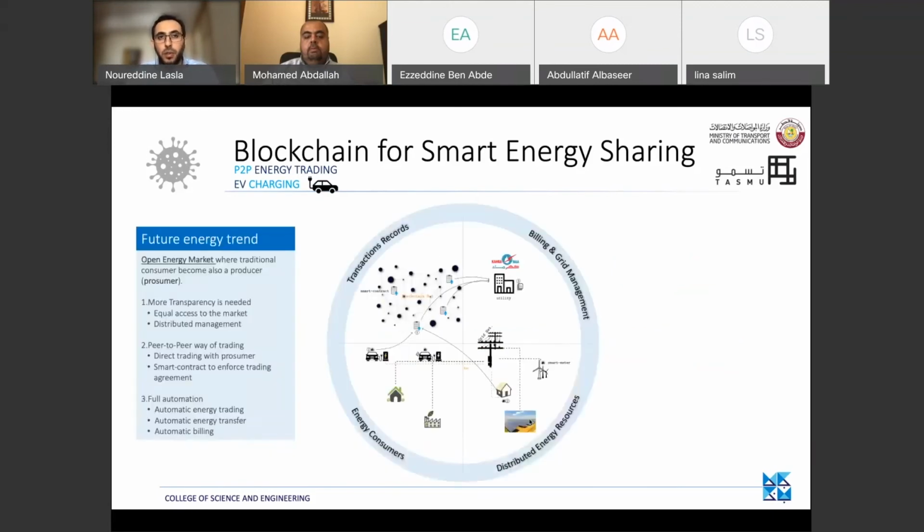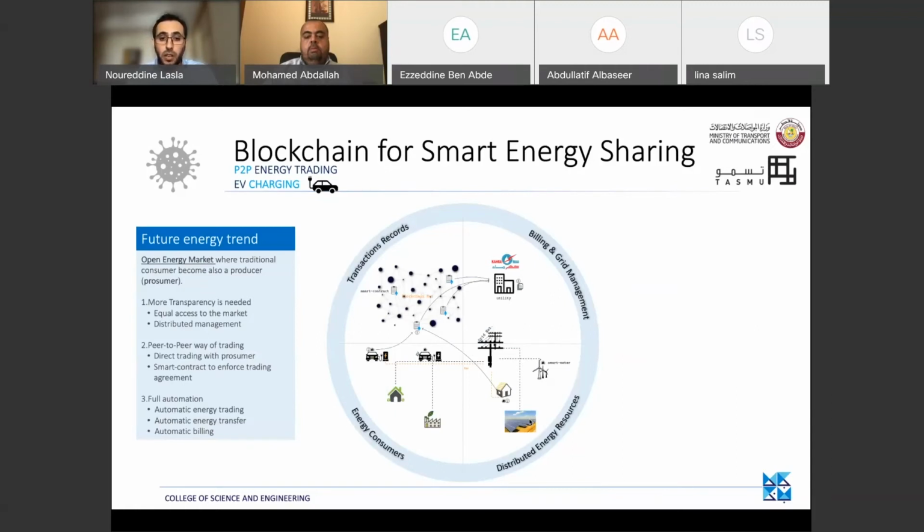So this is the global architecture of our system. We have the traditional energy consumers and the traditional energy providers, but there are also new kinds of producers, such as private energy providers and small companies that have solar panels installed on big land.